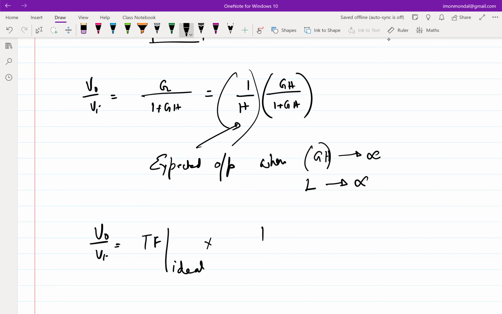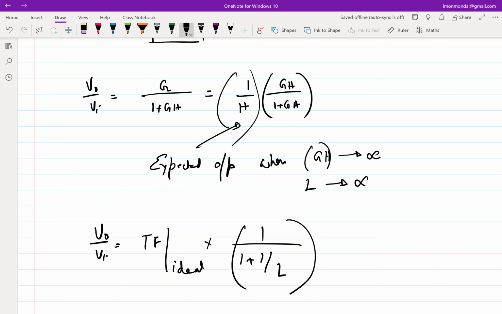This is written in this form, 1 by 1 plus 1 over L. Now you will understand later why writing it in this form makes more sense. But for now, just take my word for it that if you express V naught over Vi in this format, it will be helpful.